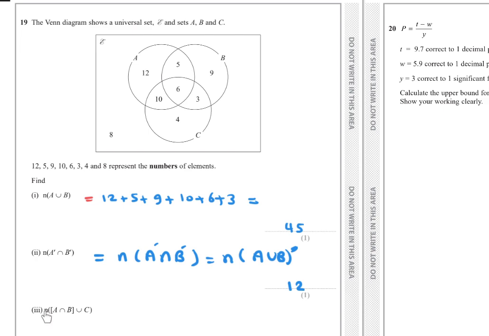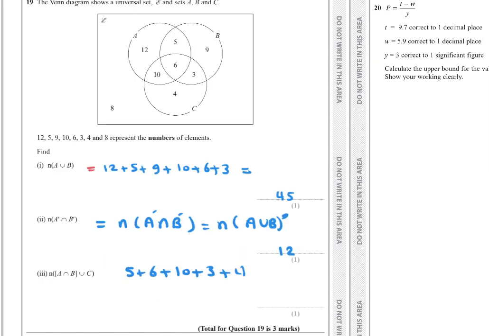Part three, the number of A intersect B union C. A intersect B is 5 plus 6, union C, so we need to add 3 and 10 and 4. So 5 plus 6 plus 10 plus 3 plus 4 equals 28.